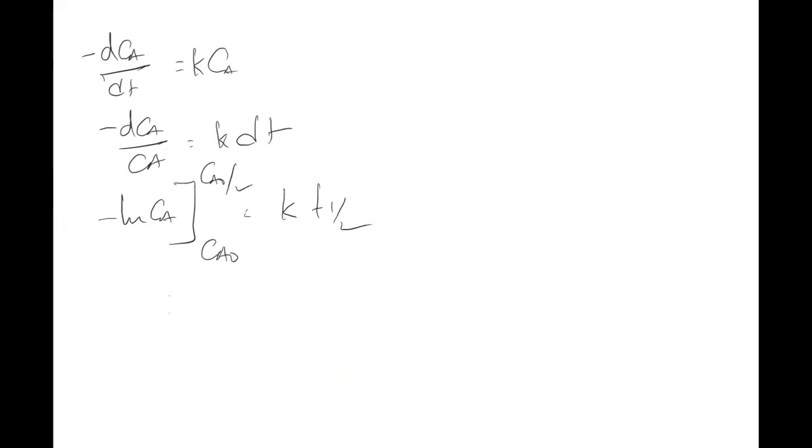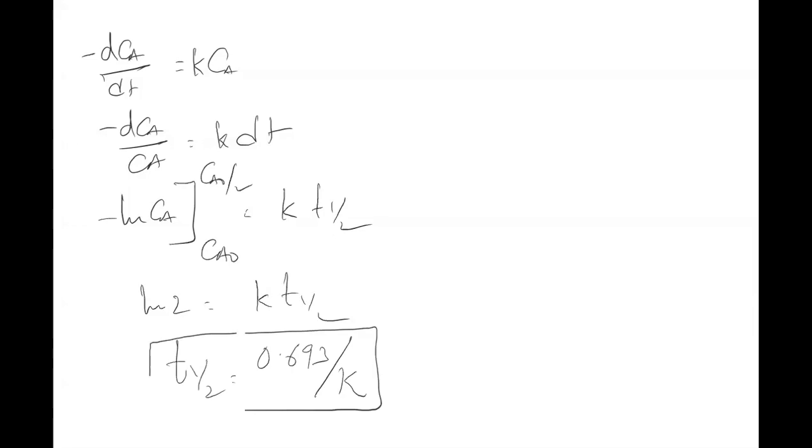This is ln 2, which is equal to k into t half. So t half is 0.693 by k. This is the expression for half-life for a first order reaction.